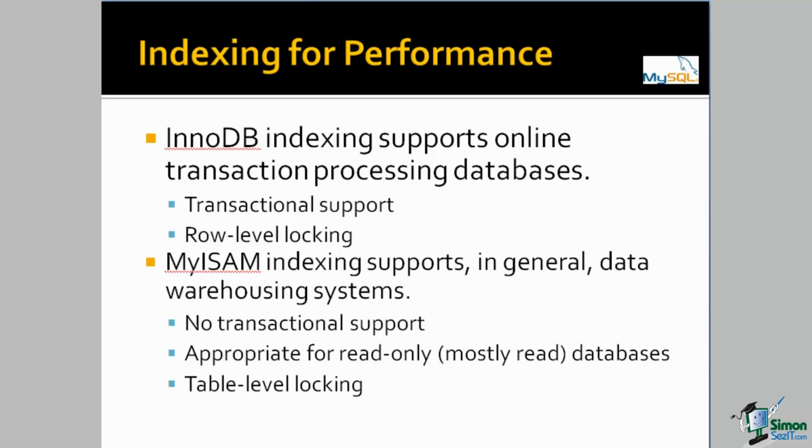Therefore, there is no transactional support provided, and all of the locking is done at the table level. Our focus in this discussion is going to be on the InnoDB storage engine and how we might design indexes for our data within that environment.